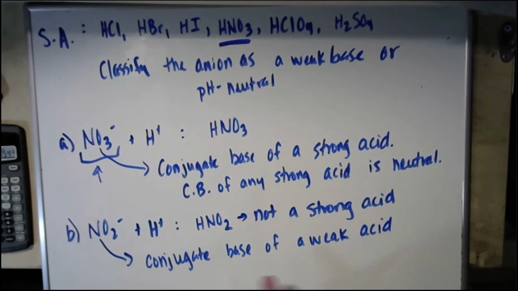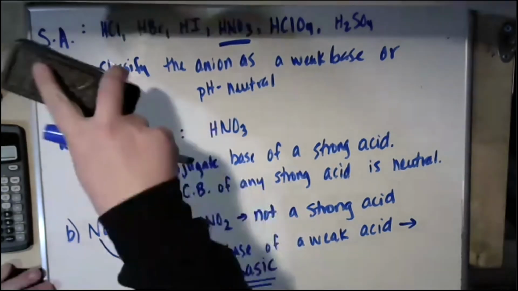Conjugate bases of weak acids are always weak bases. Okay, so that's how this trend works. All right, so now we can look at the remaining 3.